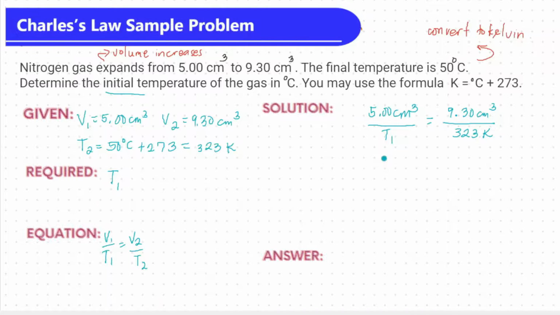Alright, so flip the left side, T1 over 5.00 cubic centimeters is equal to, let's also flip the right side. That would be 323 Kelvin over 9.30 cubic centimeters.